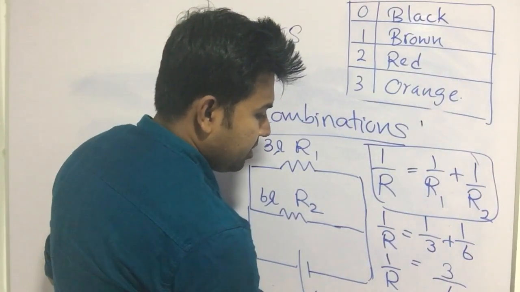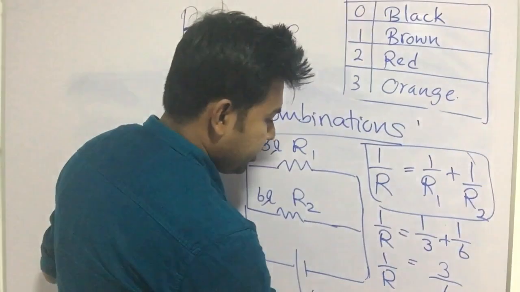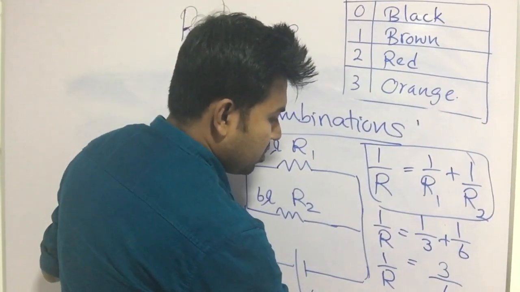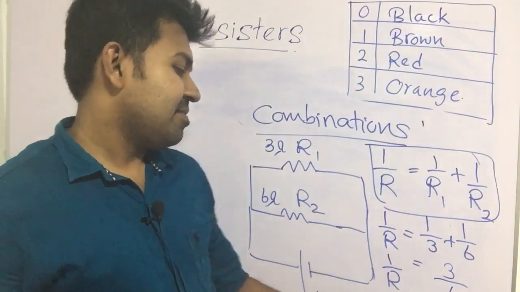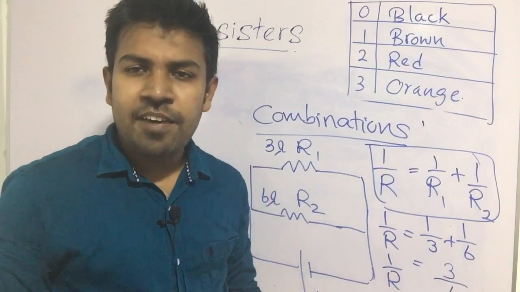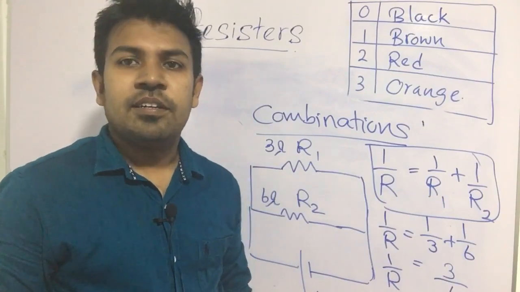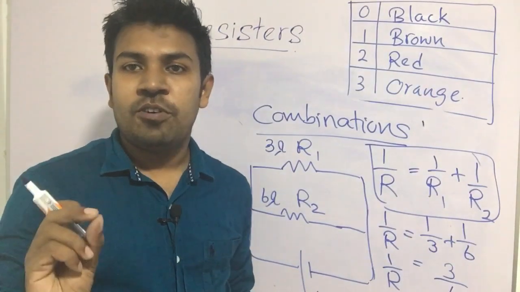So R will be, when you take the opposite side, 2 ohms, the equivalent resistance.